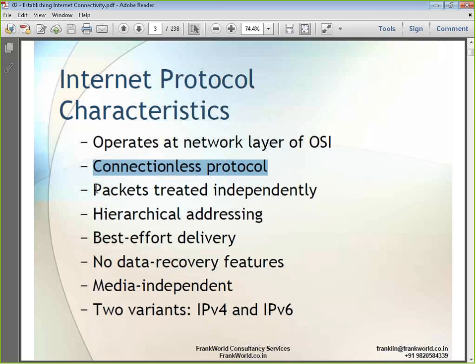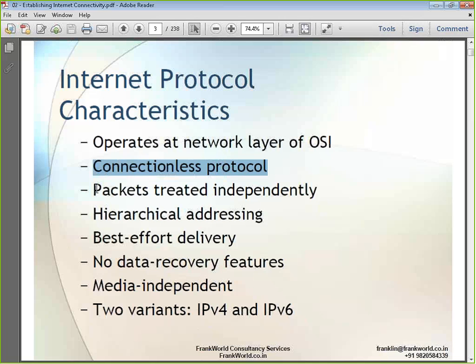The only thing it can do is find the destination and take the information to the destination. That's it. It is not involved in data delivery, error correction, error recovery or data recovery in general.